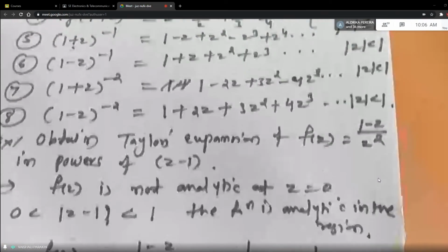So once you know what you require, your direction will be accordingly. So now let us see what we get as the nth term here first, which we are going to directly substitute in our formula. Okay. So now, what is your f of z?